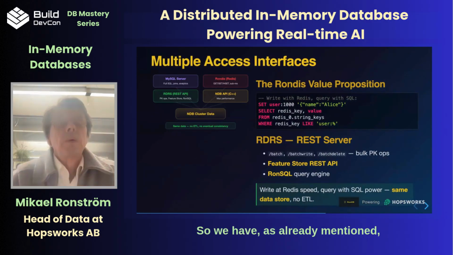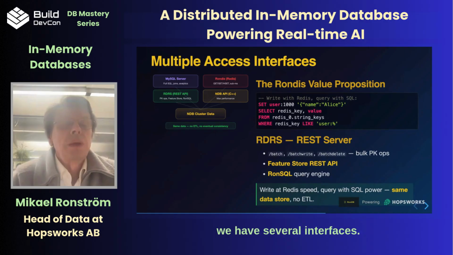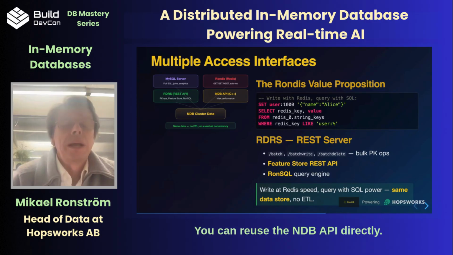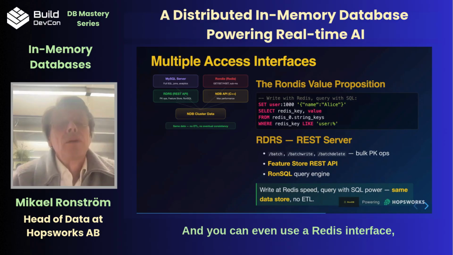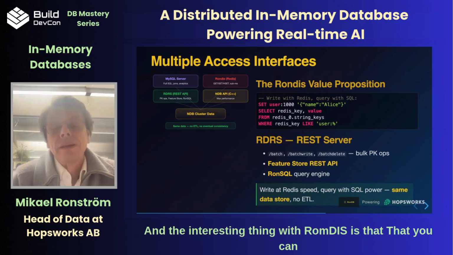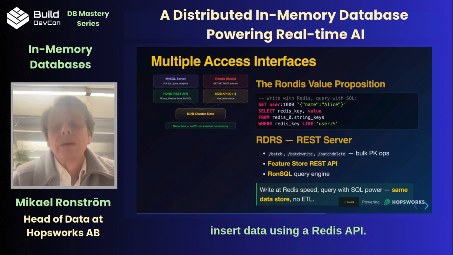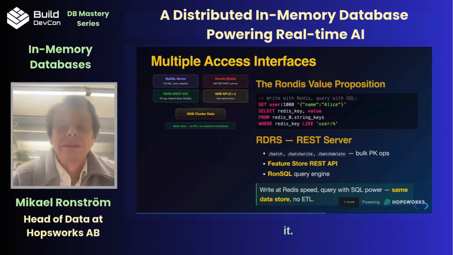Okay, so as already mentioned, we have several interfaces. You can have a MySQL server, you can have a REST API server, you can use the RonDB API directly, and you can even use a Redis interface, which we call RonDis. The interesting thing with RonDis is that you can insert data using a Redis API, and then you can use MySQL to read it.